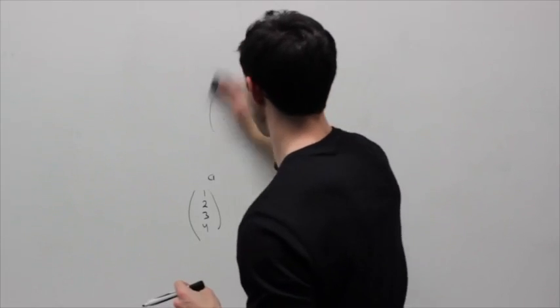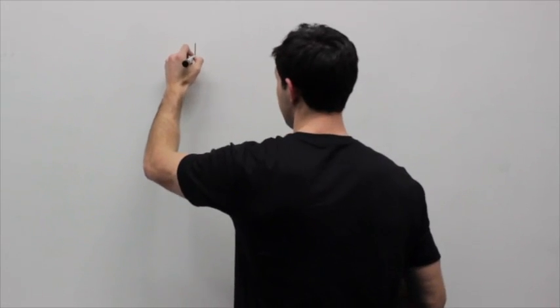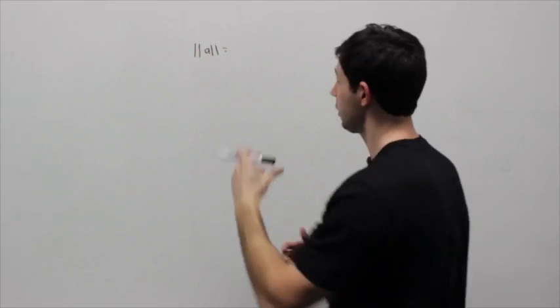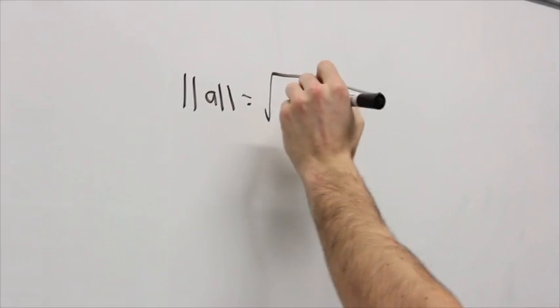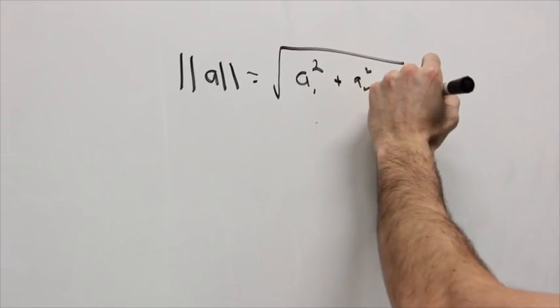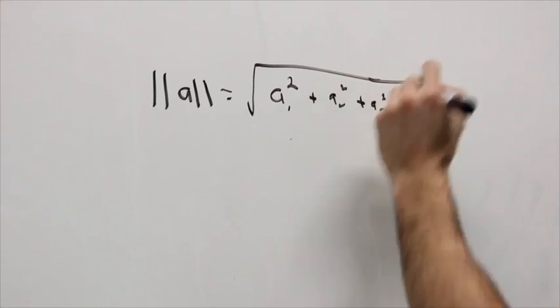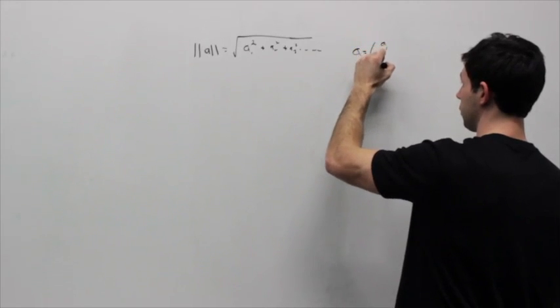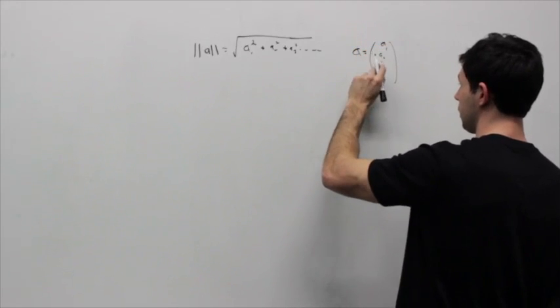And so by this definition of the dot product, by multiplying component-wise and then adding, we have some insight into the magnitude of vectors. So note that the magnitude of A, as we defined earlier in a different video, is just the square root of A1 squared plus A2 squared plus A3 squared and so on, right? Because keeping in mind, A is just the components A1, A2, up to AN.